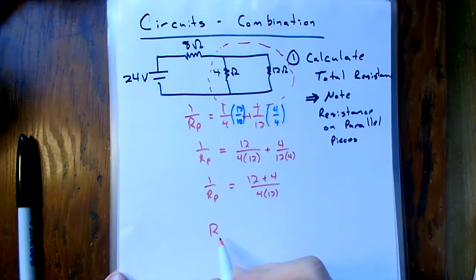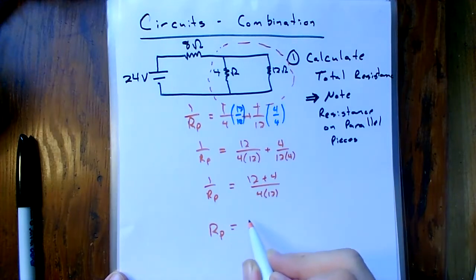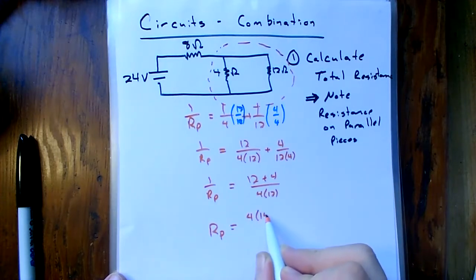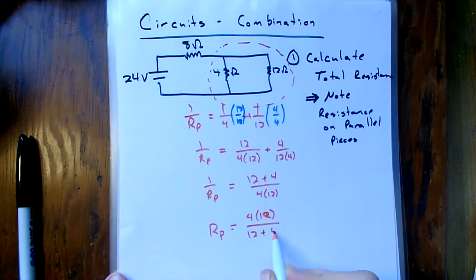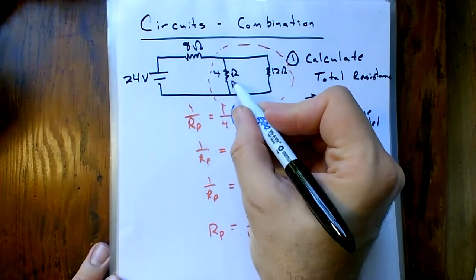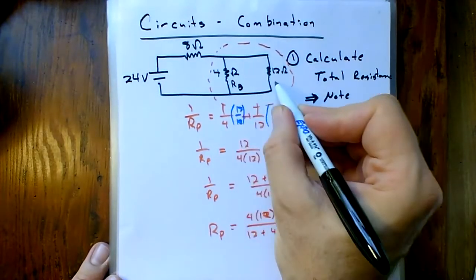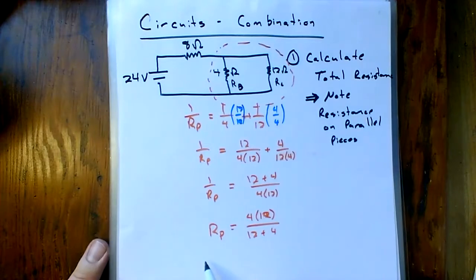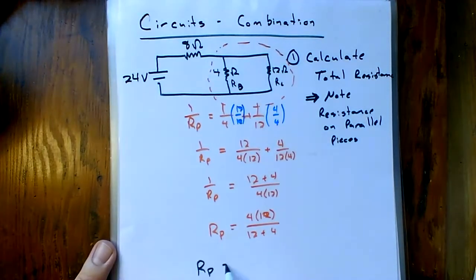which means that my parallel resistance is just the product of those over the sum of those. And in fact, if I were to call this resistance B and resistance C, I could say that my parallel resistance is the product over the sum.